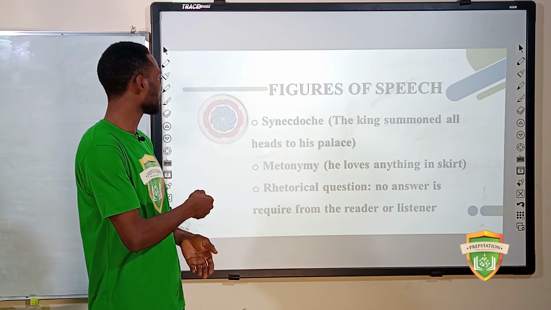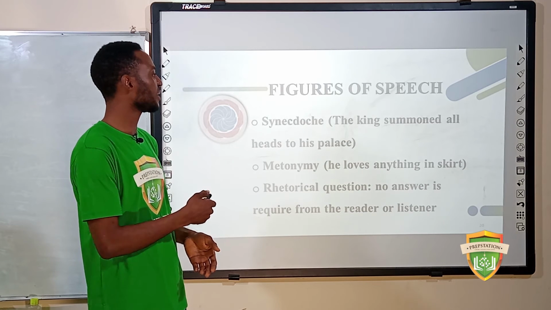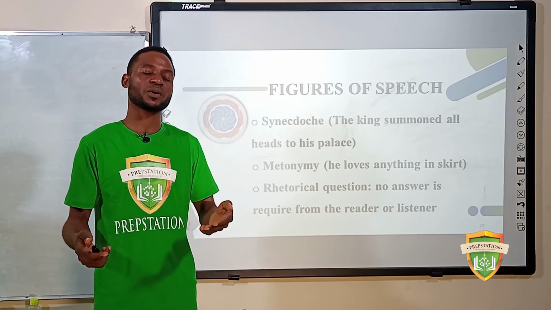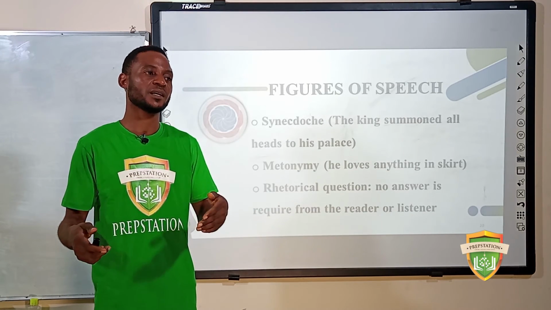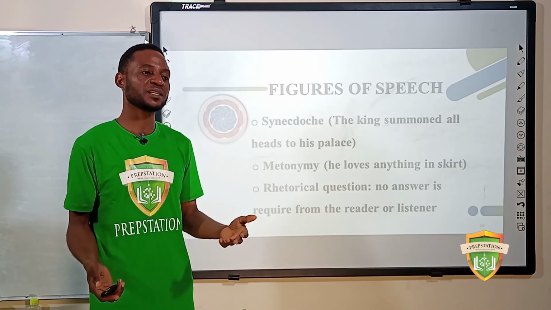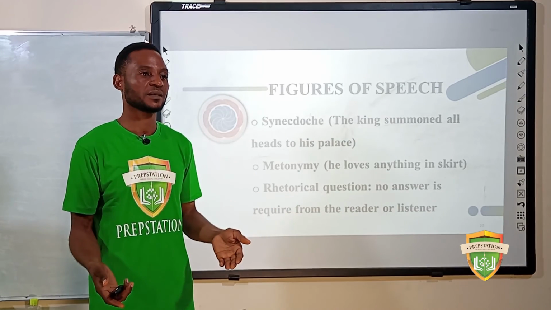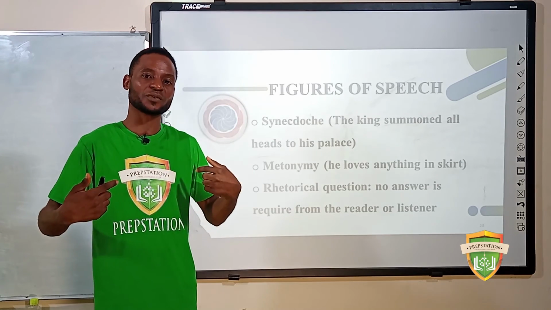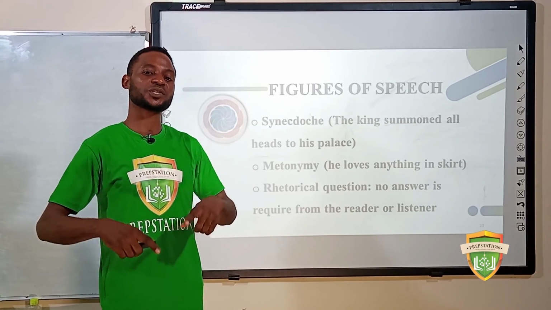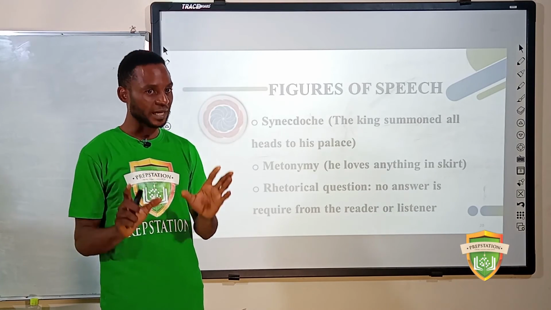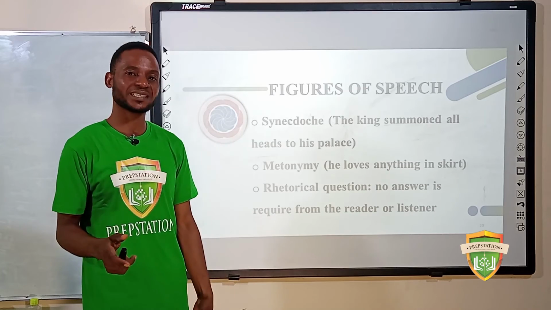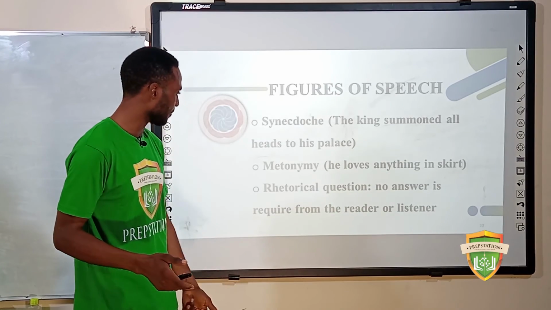Now, I want us to take note of this: heads, referring to probably the people he works with. He's talking about human beings here, probably the leaders. You understand? So he's using the human head, which is just part of the human body, to stand in for the entire human being. So it's an example of synecdoche.